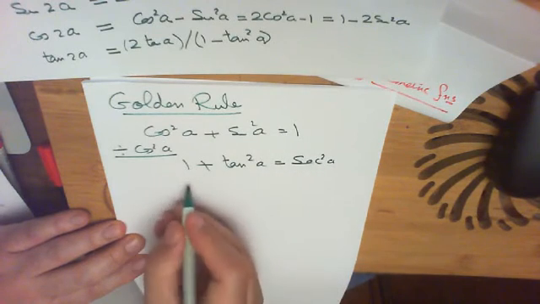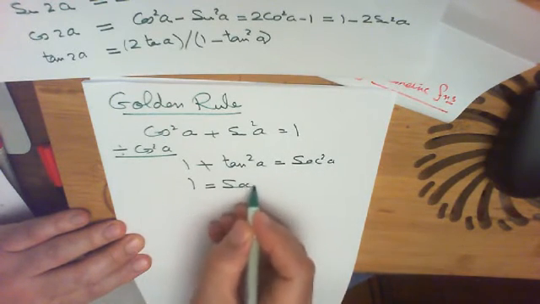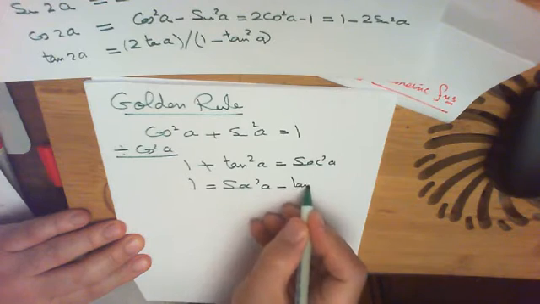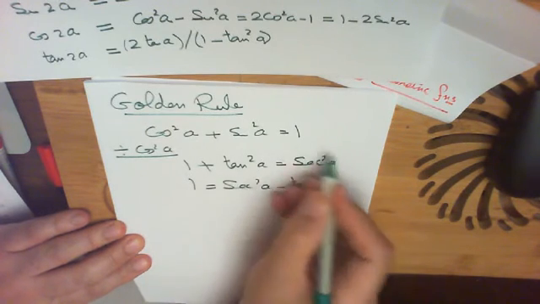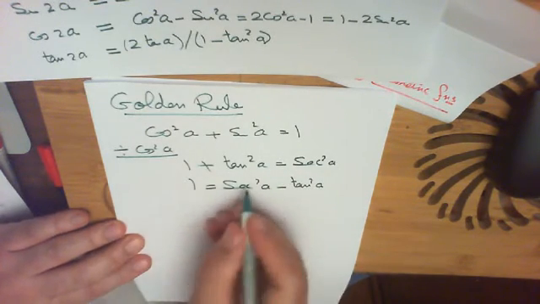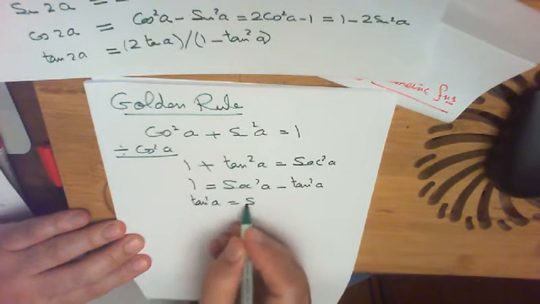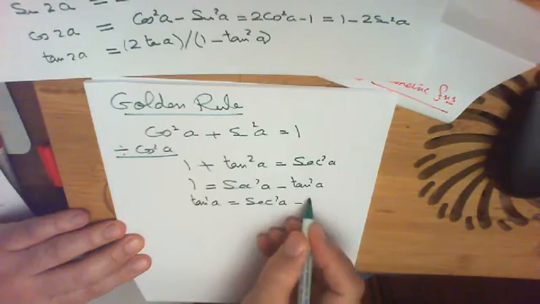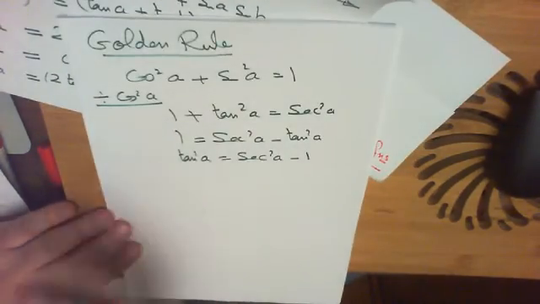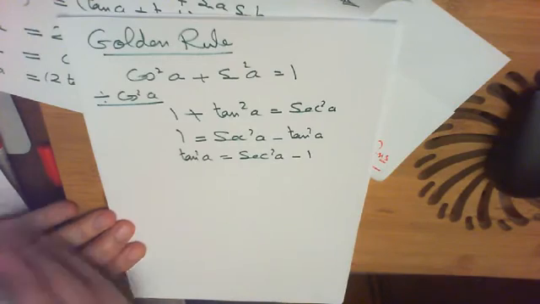From which we have 1 equals sec squared minus tan squared, or tan squared equals sec squared minus 1. It depends which relation I use when I have the problem.